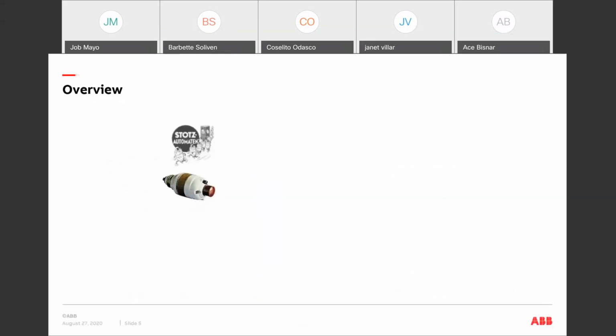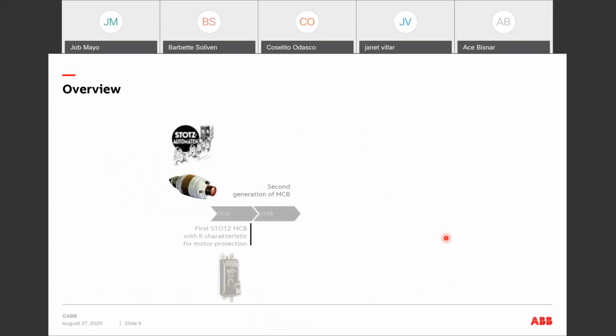If you research the foundation or the history of miniature circuit breakers, it is actually part of the ABB history or ABB legacy. First, the Stotz MCB with K characteristic was introduced in 1928. This was one of the first MCBs introduced to the market.